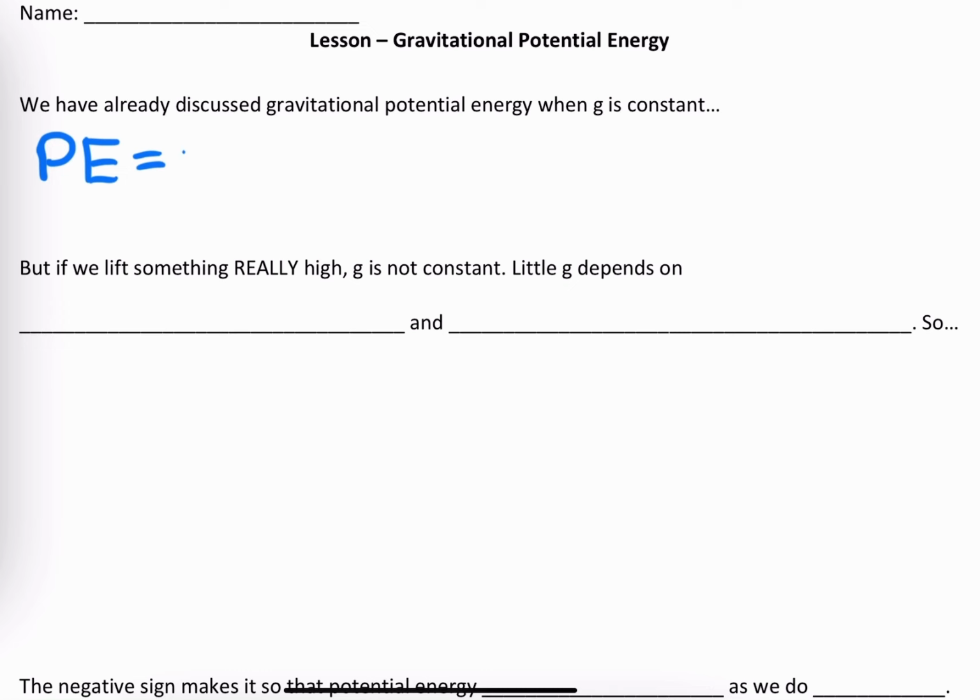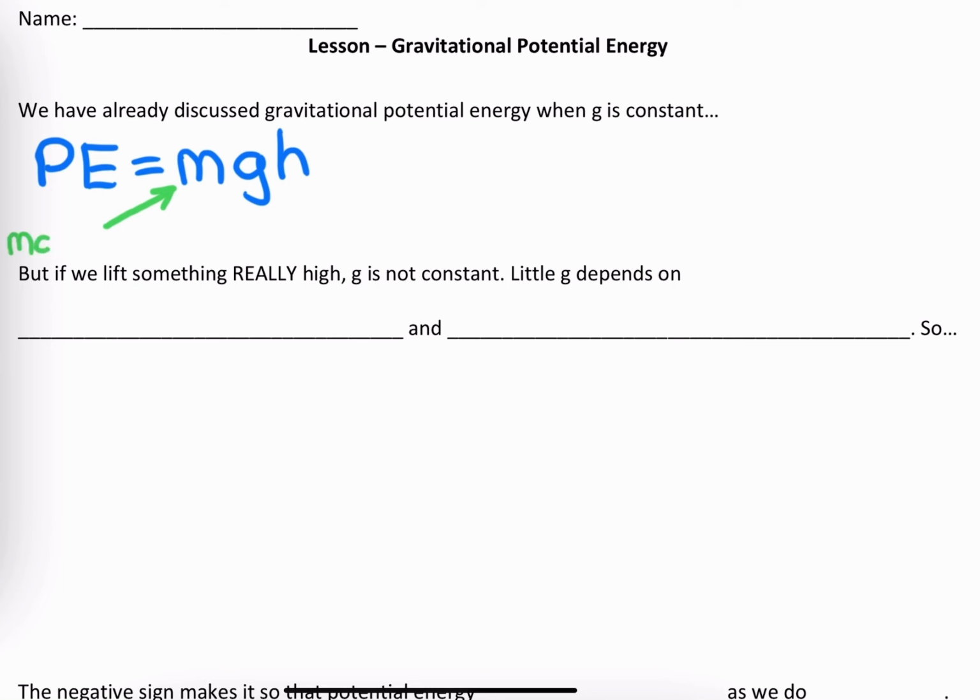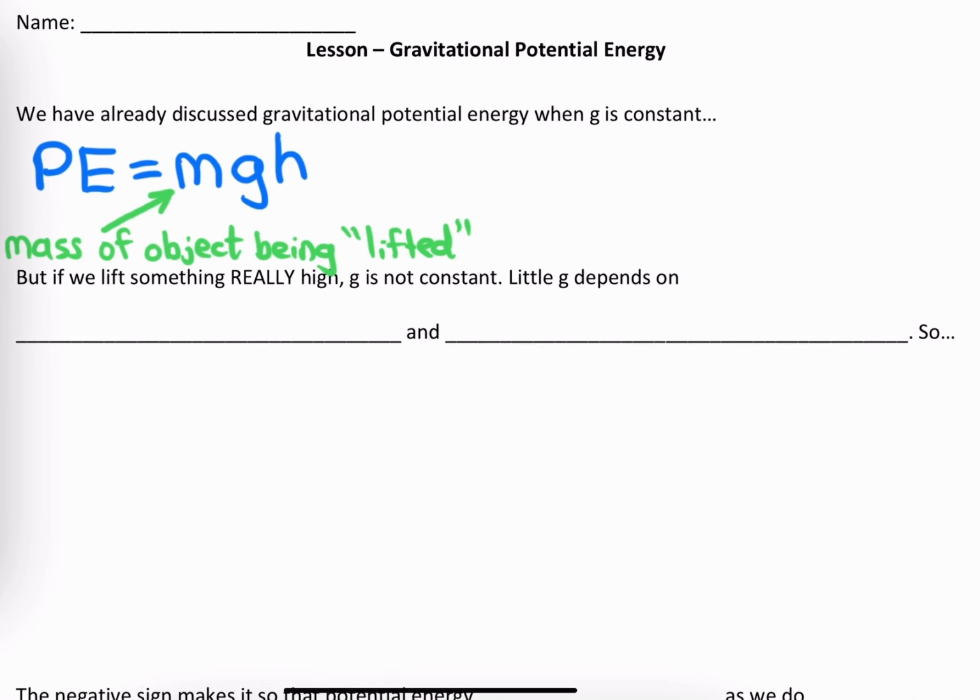Potential energy is mgh. Okay, m in this case is the mass of the object being lifted. g is the gravitational field strength of whatever planet you're on.